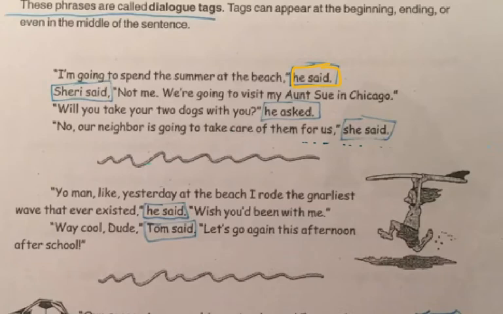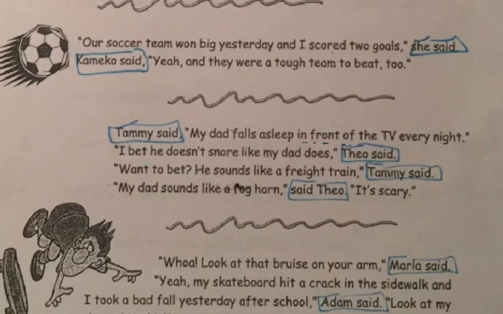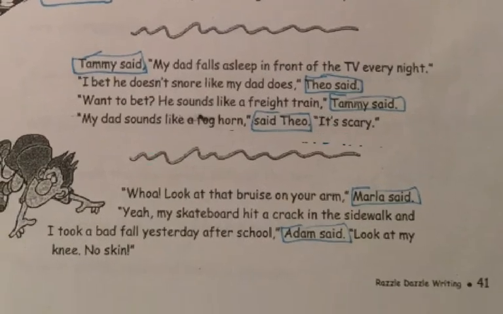I don't think this was a conversation. I think these were just examples. Oh, no, that's a conversation. All right, so we have a person here, but when Sherry speaks, it's on a new line. Then we're back to whoever he is, and then we are back to Sherry. So they each get a new line when the speakers switch. It's very, very important to switch the lines when the speakers switch.